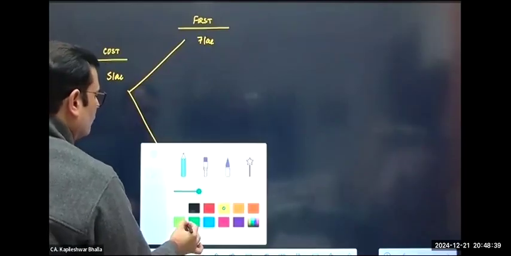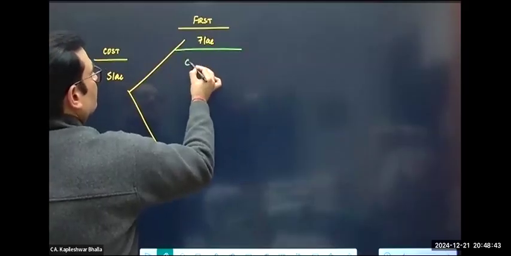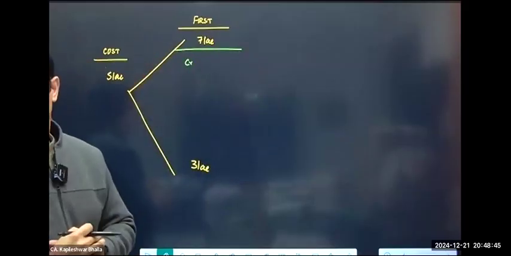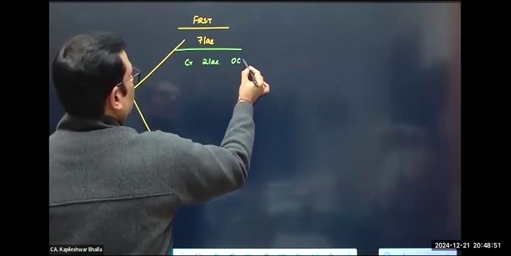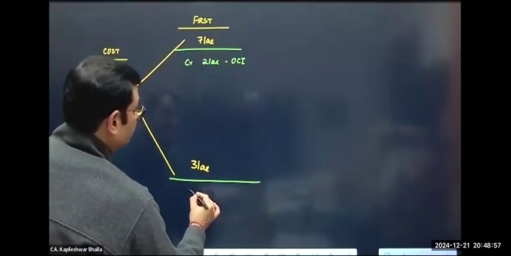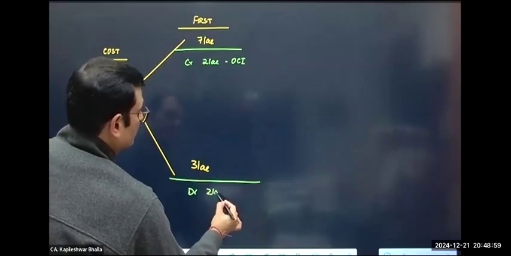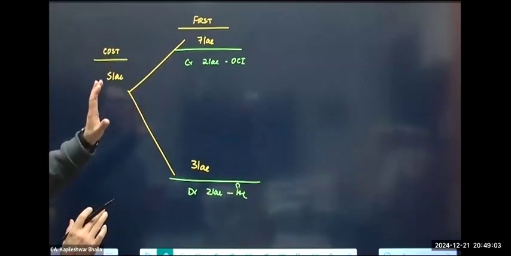Where will you put this gain of 2 lakhs? OCI. Correct. So we will credit 2 lakh rupees in other comprehensive income. In this case, where will you put the loss of 2 lakhs? Debit P&L. Correct. I'll debit the profit and loss. I think this is logical for the first time.